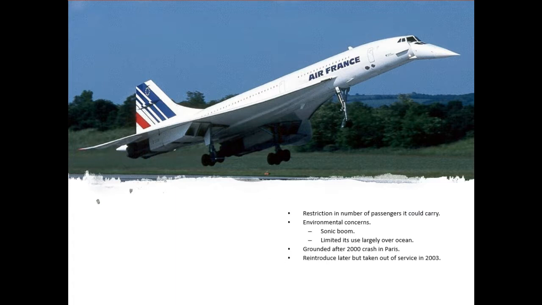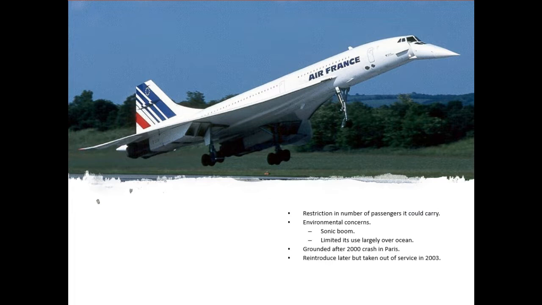There is also environmental concern, because nowadays if you look at the airlines, they are moving more towards sustainability. So the Concorde environmentally gave issues like sonic booms, which limited its use largely to over the ocean. It was also grounded after the 2000 crash in Paris, then reintroduced later but taken out of service in 2003, because 2003 is the time when low-cost carriers started to enter the industry.